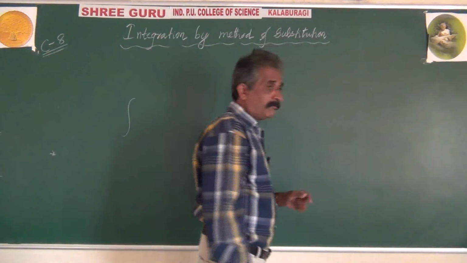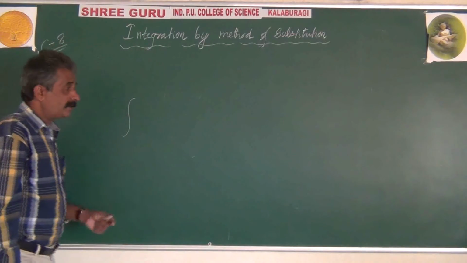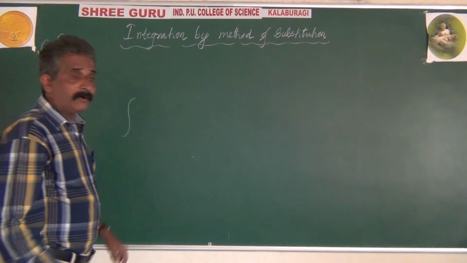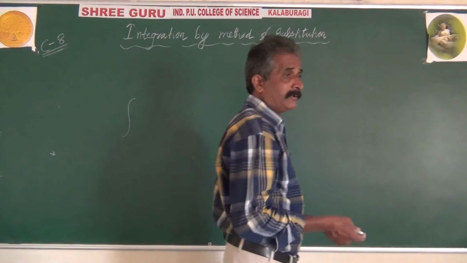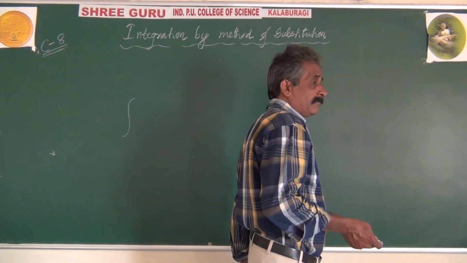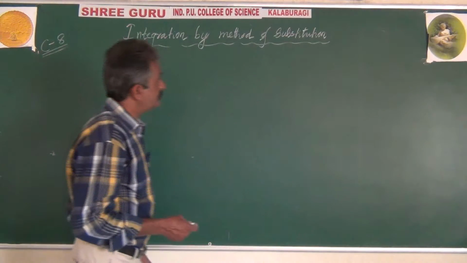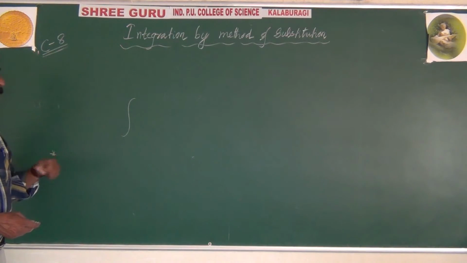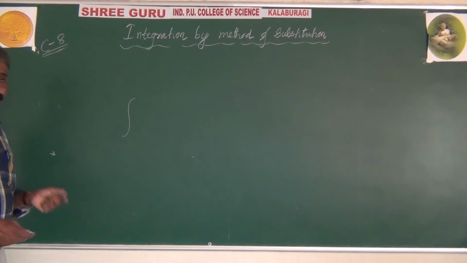Some more number of times we are unable to get the answer of integration by direct formula or by using the trigonometrical formula method. So in such cases, the method of substitution will be very crucial.